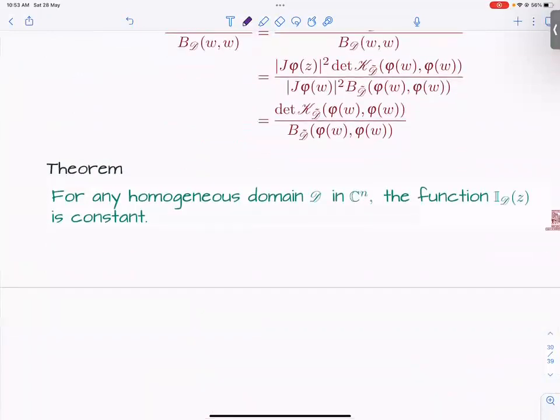So for any homogeneous domain D in C^m, the function I_D(z).